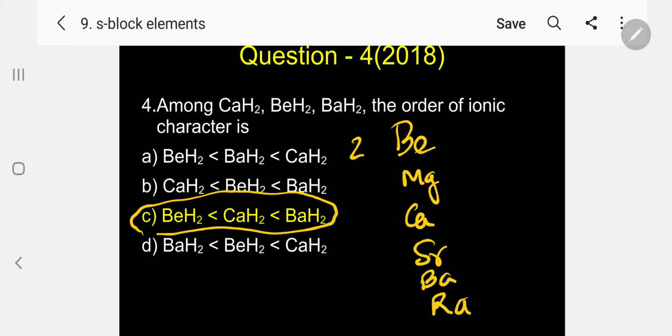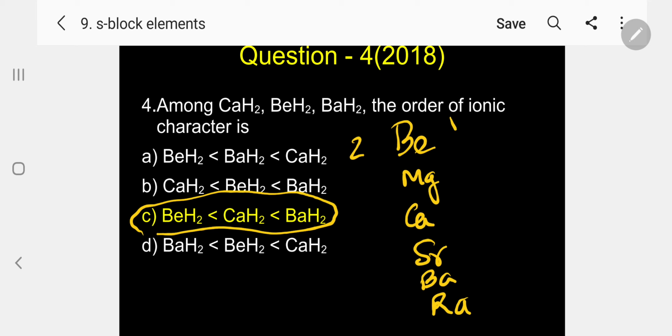I have told you already to memorize the periodic table: first group, second group, groups 13 to 17, and the first row of the transition elements. If you memorize these, you can answer any number of questions in inorganic chemistry.